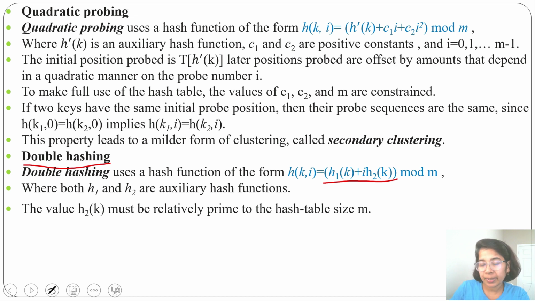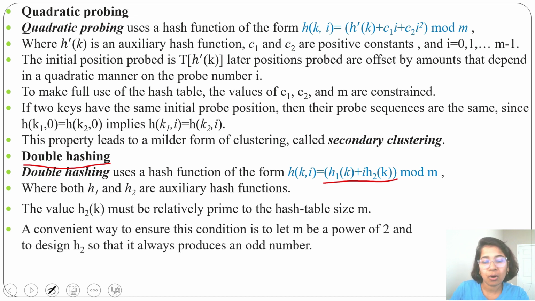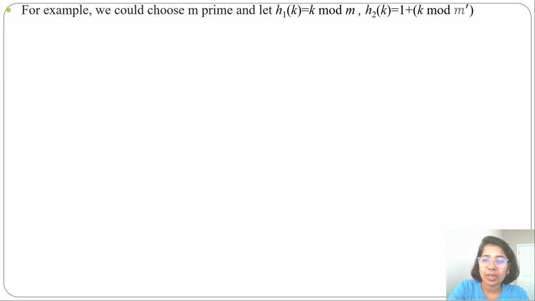And m can be either a power of 2 or prime. One example is h1(k) = k mod m and h2(k) = 1 + (k mod m'). This m' is slightly less than m.